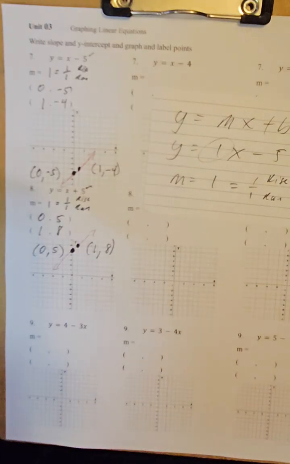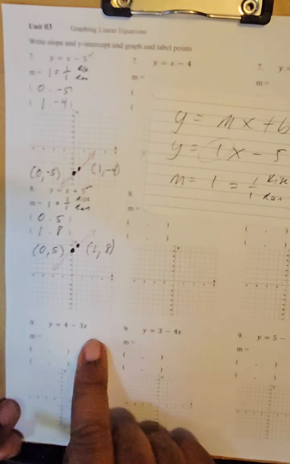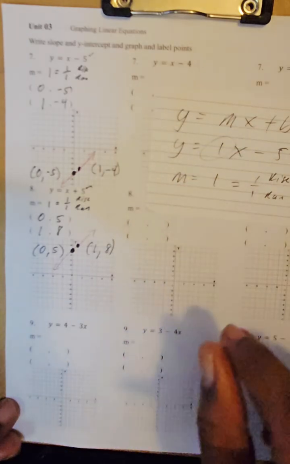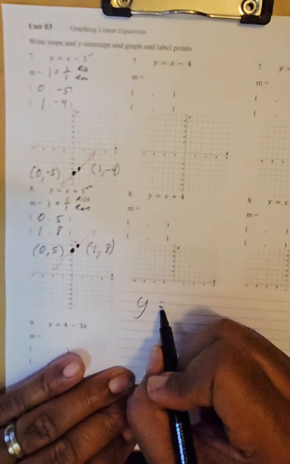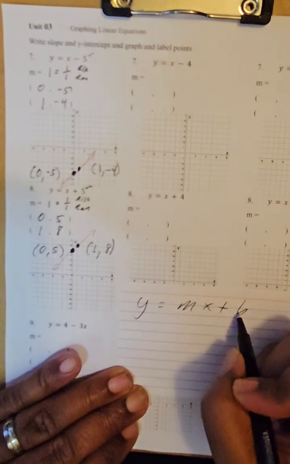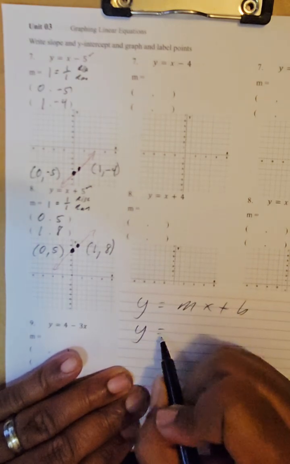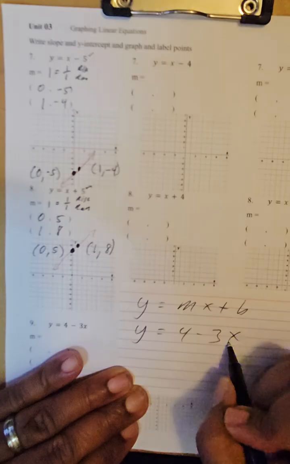Okay. All right, next here. You'll notice that it is written out of position. So right now we want y equals mx plus b, and this is being written as y equals 4 minus 3x.